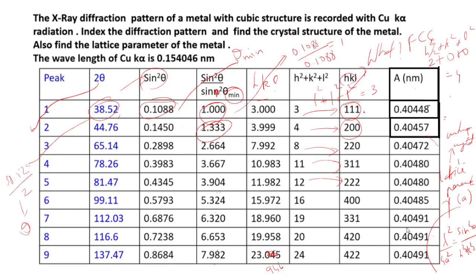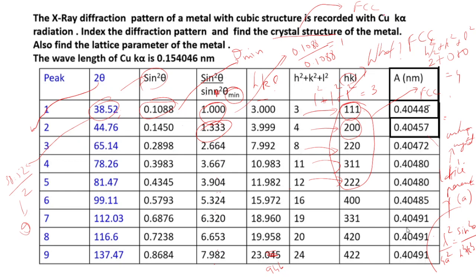Also the HKL pattern here: first we have 111, then 200, then 220, then 311. Usually this is the pattern of FCC. We saw that in the previous table, right? Since this is the pattern of FCC, we can say that this material recorded in XRD is an FCC material.